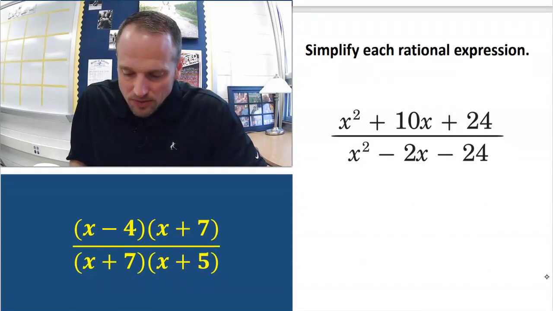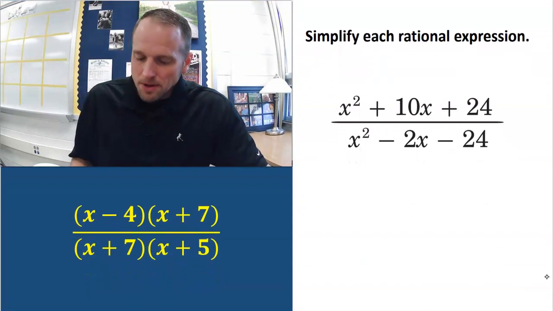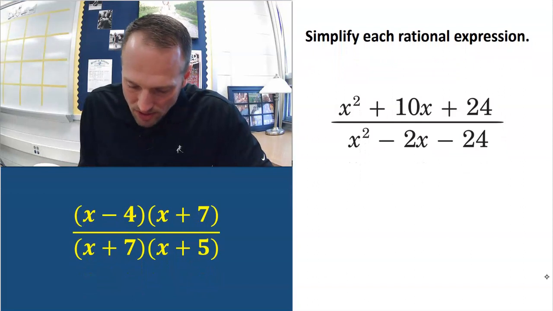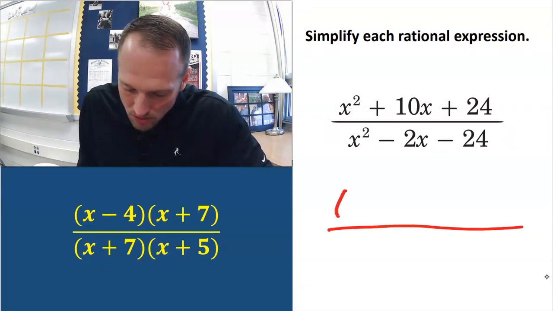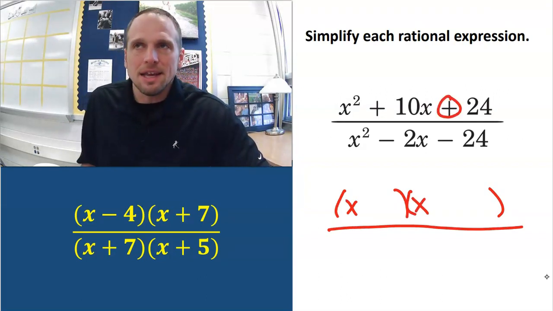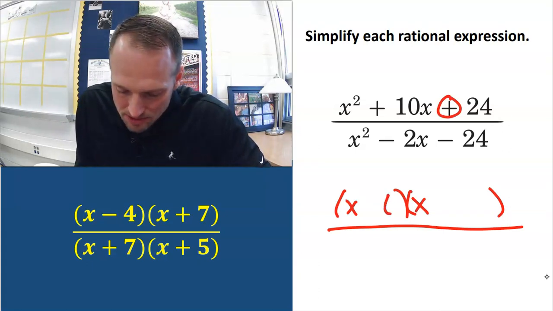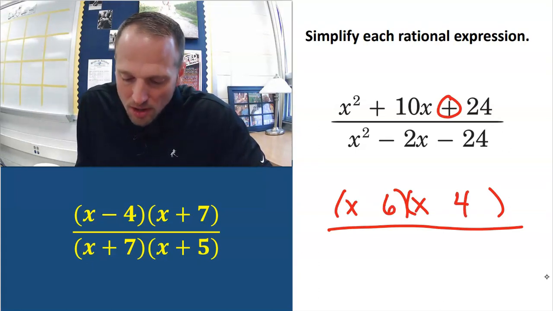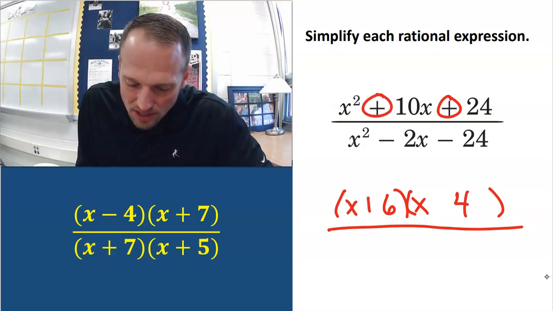Let's look at the next one. All right, same thing. Let's just factor these. I'm looking for numbers on the top that are going to multiply to get 24 and add to get 10. So multiplies to get 24, adds to get 10. That's going to be 6 and 4. Bigger number always gets the first sign.